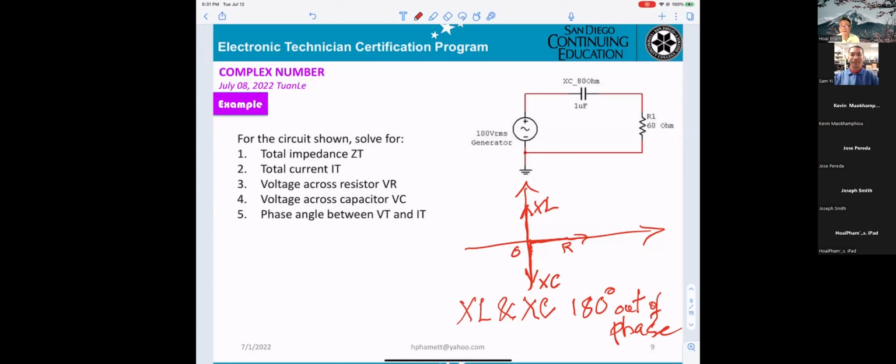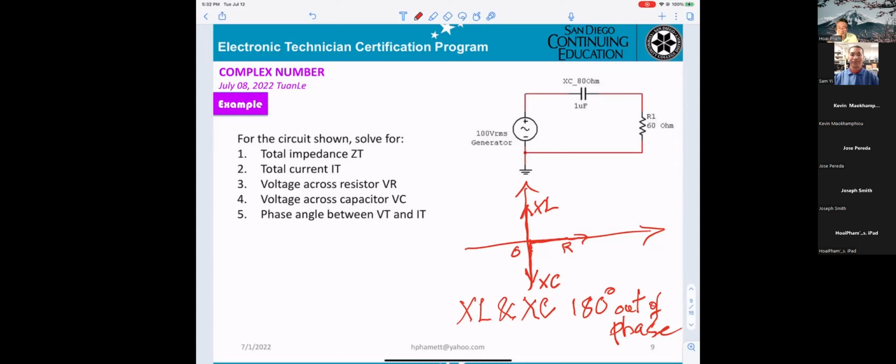So now in this circuitry here, we already did it. Now we're going to do it a different way, using the complex number. First thing, in order to use the complex number, XC must be changed to Z. XC equals 80 ohms.